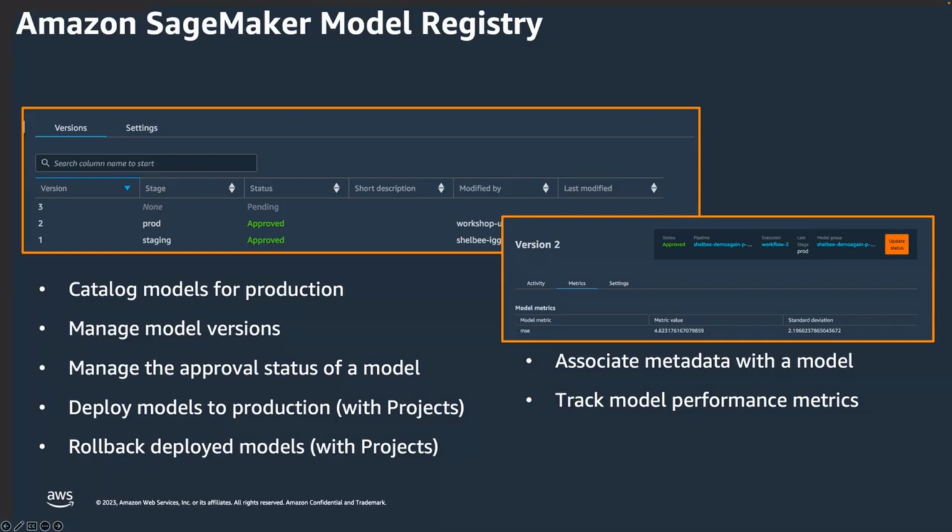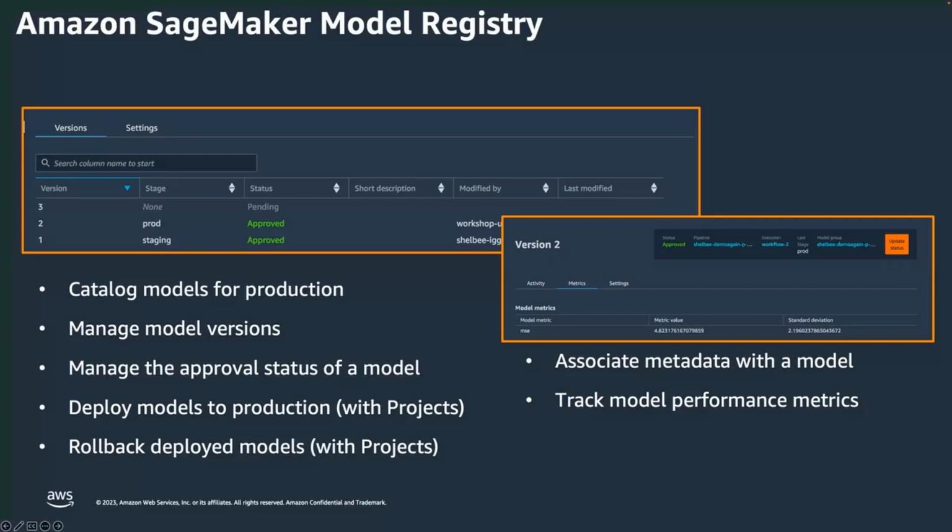So the main thing here is model registry becomes a registry of all models that are available for deployment to production. This will include model versions. It will include model metrics for each of those model versions.